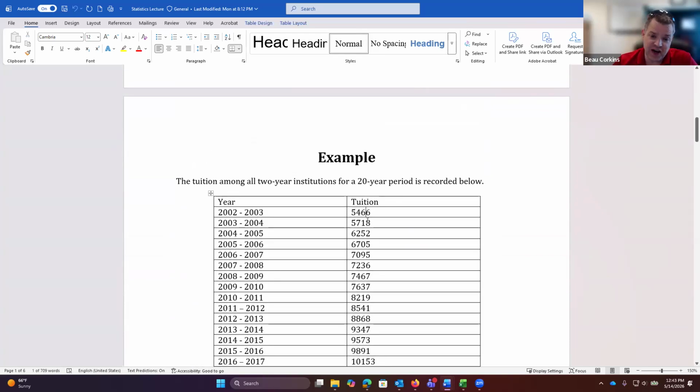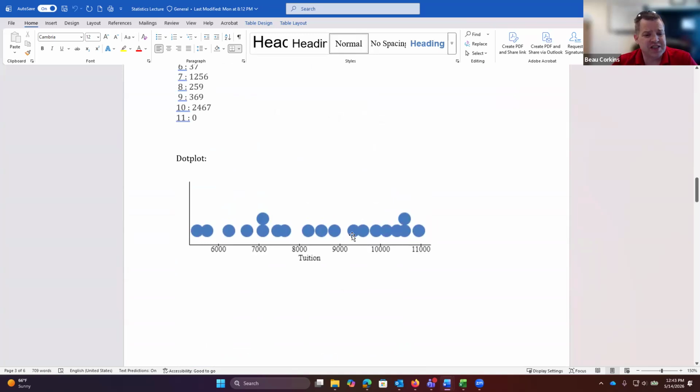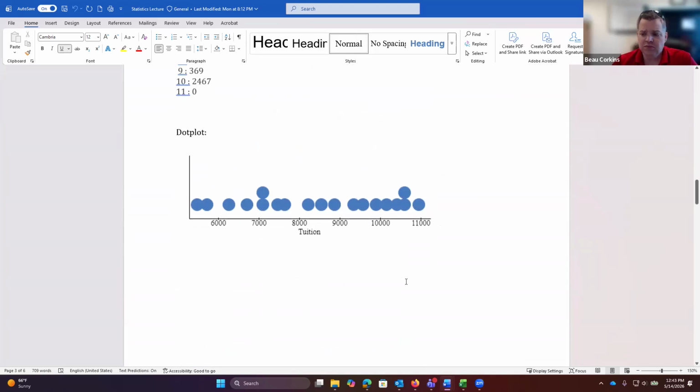The dot plot is the last one. Notice it's really hard to identify what I'm looking at. It's just a list of a bunch of the values, but here are our two values on the low end again. So our main picture is going to be a histogram.